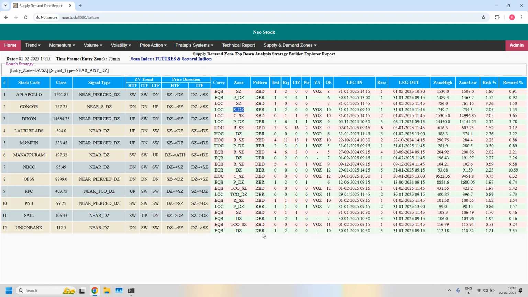That's it. We have only one valid 75 minutes high liquidity demand zone from the list of stocks near the 75 minutes demand zone.